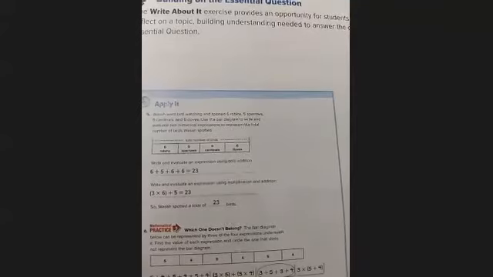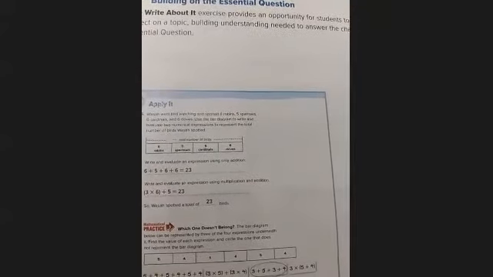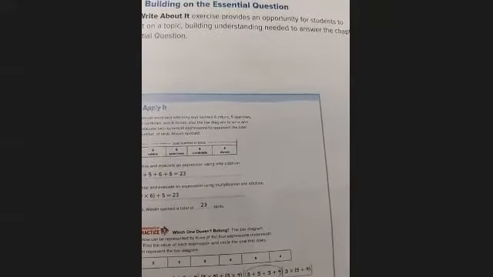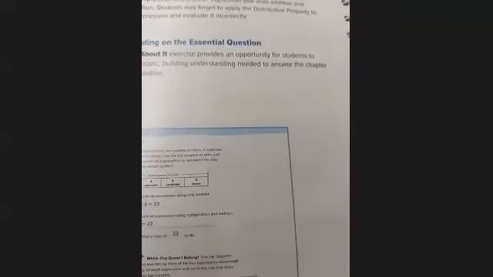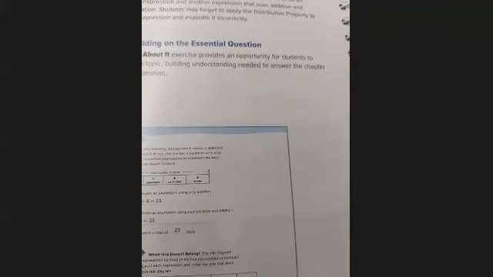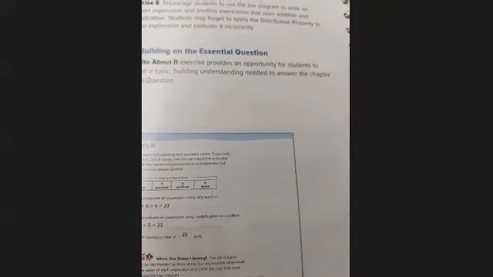Wasa went bird watching and spotted 6 robins, 5 sparrows, 6 cardinals, and 6 doves. Use the bar diagram to write and evaluate 2 numerical expressions to represent the total number of birds Wasa spotted.